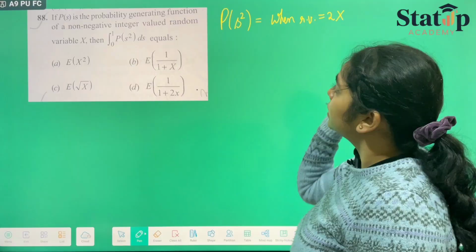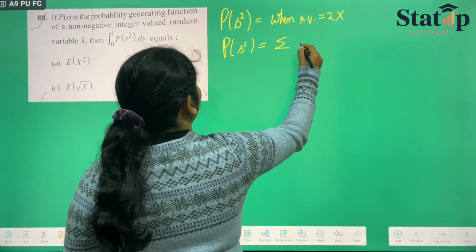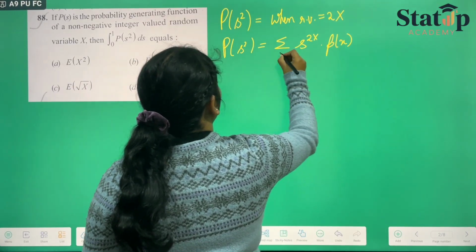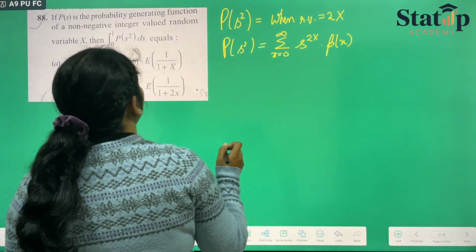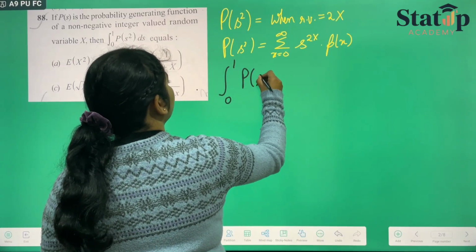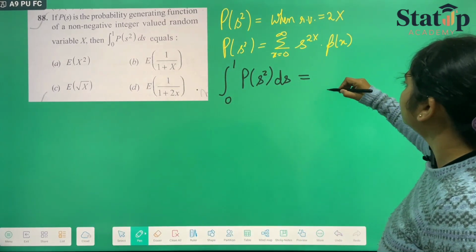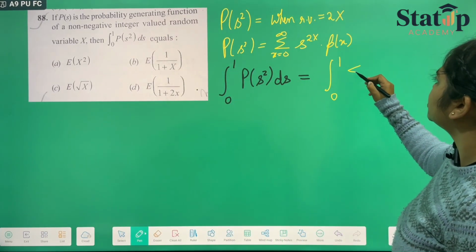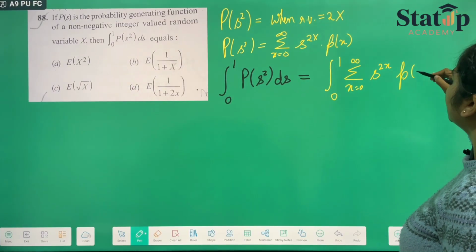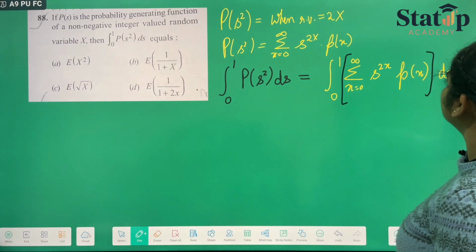Now we can write P(s square) as equal to summation over s raised to the power 2X into P_X, where X goes from 0 to infinity. Now if we put this in integration, they have given us 0 to 1, the integral of P(s square) ds is equal to the integral from 0 to 1 of summation over X from 0 to infinity of s raised to the power 2X P_X, and whole bracket ds.